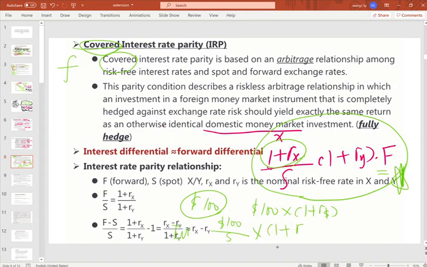It's in euros, so then we multiply by the forward rate. So this is in the EU, and this is in the US.